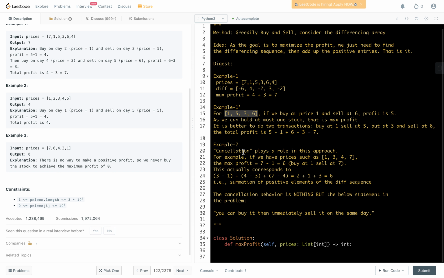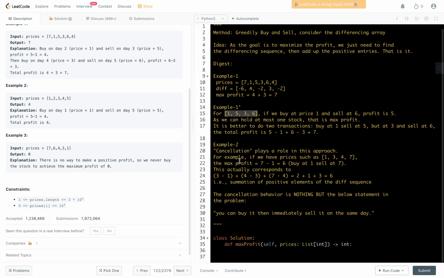So example 2 is explaining the cancellation phenomenon and its role. For example, if we have prices like 1, 3, 4, 7, then the maximum profit is 7 minus 1, that is 6. In other words, we buy at 1 and sell at 7.